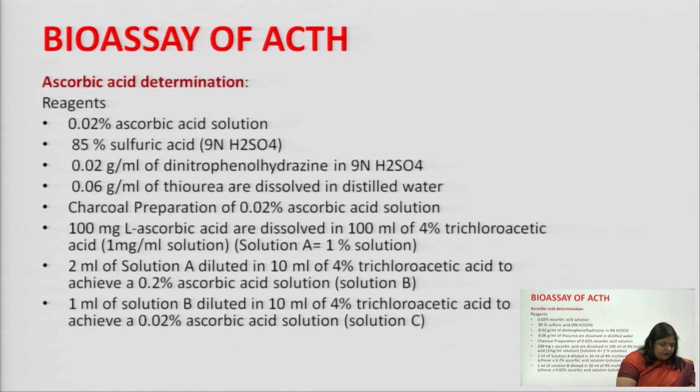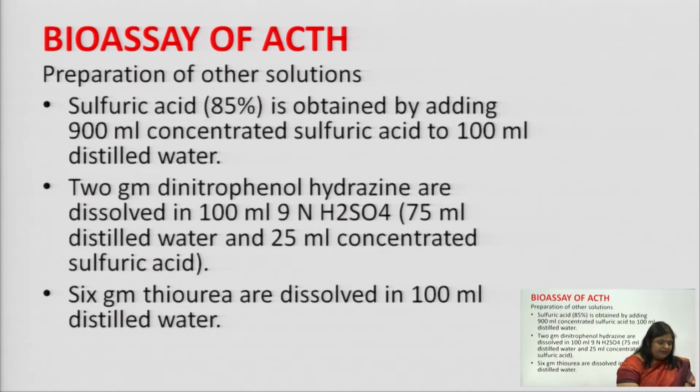Then solution A, which is a 1% solution of ascorbic acid dissolved in 4% TCA, that is trichloroacetic acid. Then solution B, which consists of 0.2% ascorbic acid solution, and solution C, which consists of 0.02% ascorbic acid. These are the reagents which are prepared to carry out the determination of ascorbic acid.